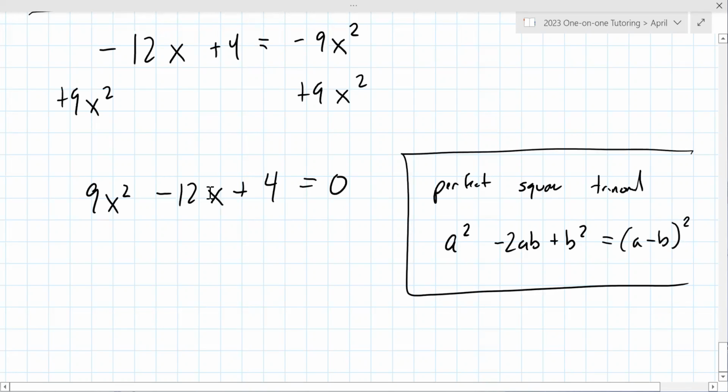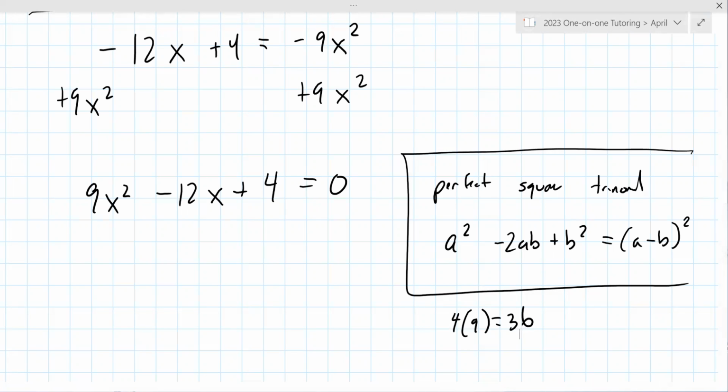9 times 4 is 36, so two numbers that multiply to 36 but add to -12. 36 divided by 2, no. 36 divided by 3, no. 36 divided by 4 is 9, no, that doesn't work.